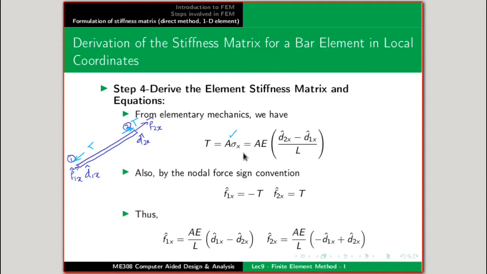Using sigma x obtained earlier, T is equal to AE into (d2x minus d1x) divided by L.